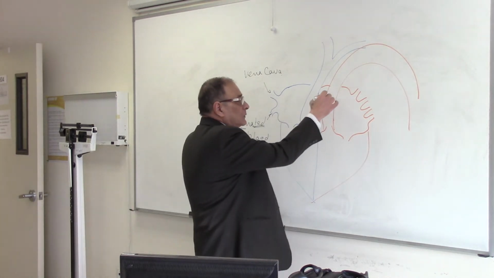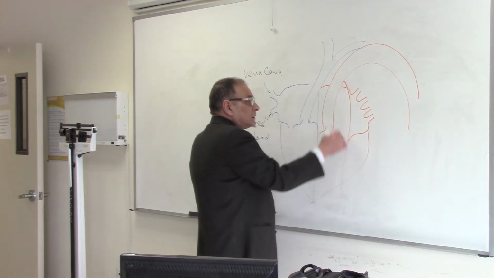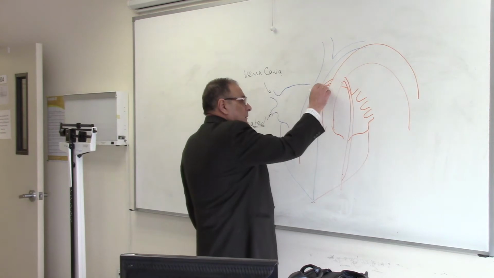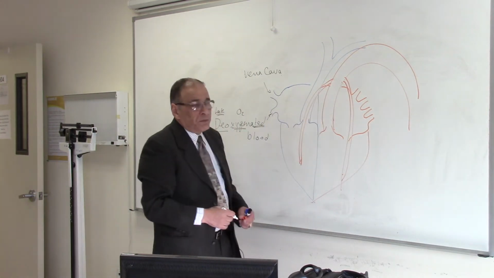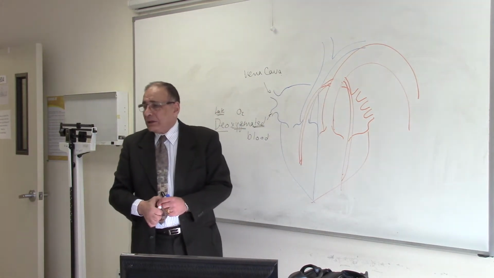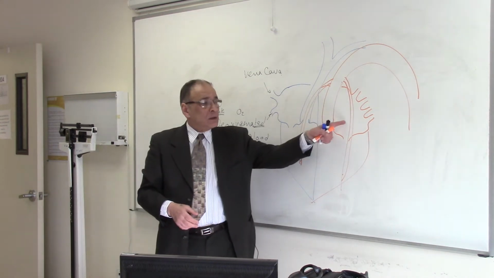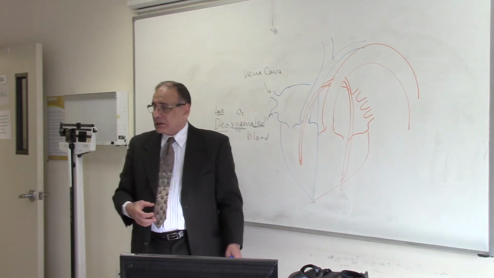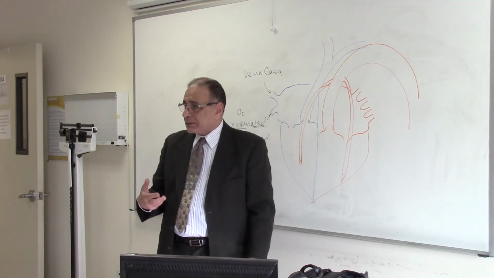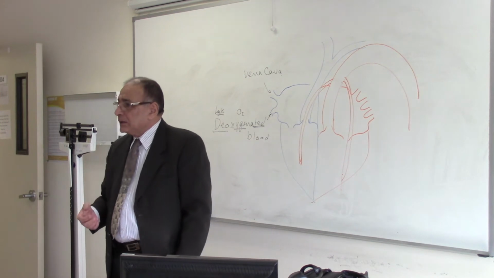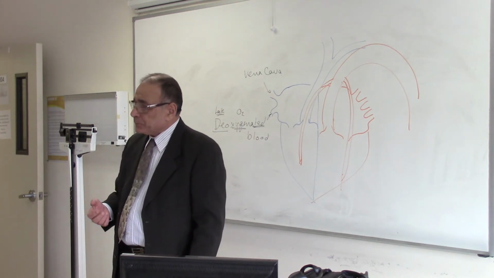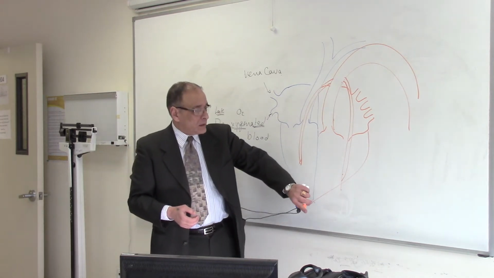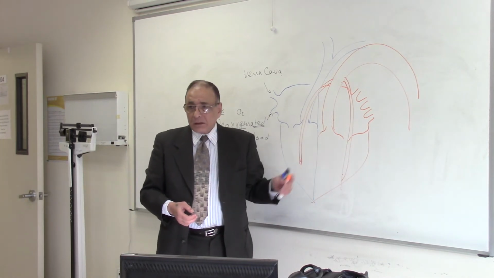From the ascending aorta, the first branches coming out are called the coronary arteries, to bring oxygenated blood to the cardiac myocardium, or the cardiac muscles. For the muscles of the heart to find the oxygen and nutrients, they receive that through the coronary circulation.